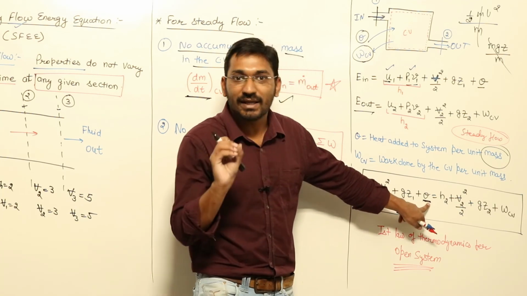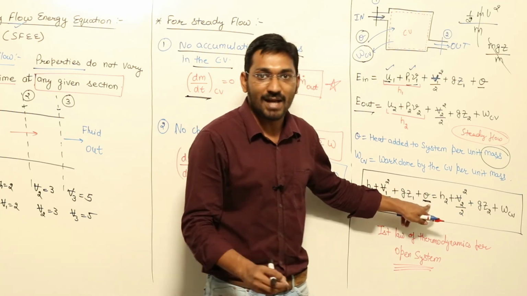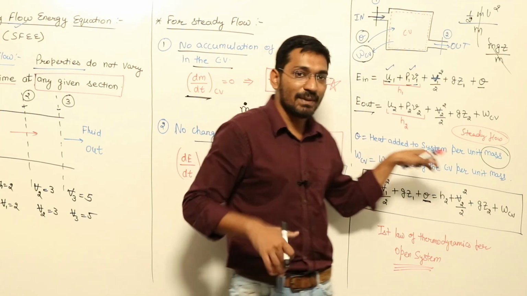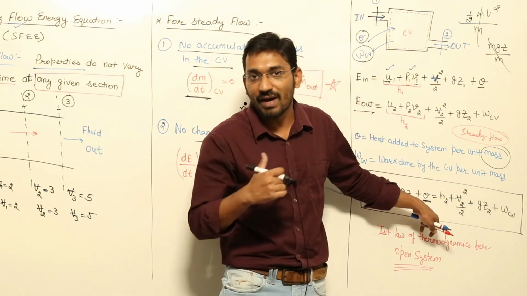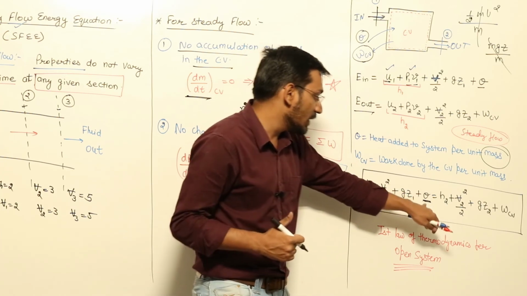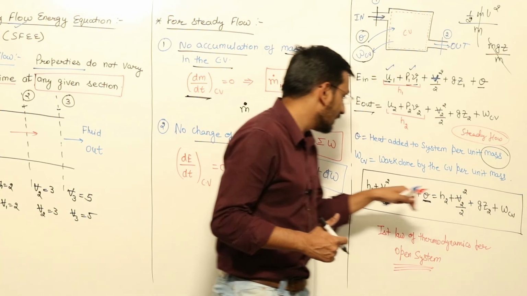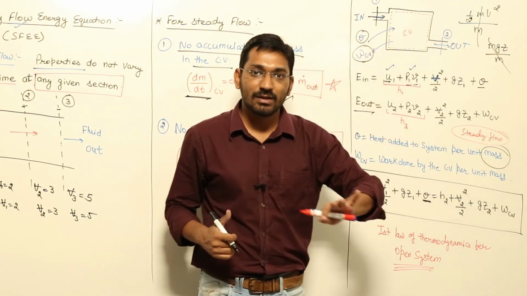You have to take care of the units. Every term is per unit mass, per kg, right? If the heat is simply given as 100 kilojoule, you have to divide it by mass. So this Q is heat added to the system per unit mass, and WCV is work done by the system per unit mass.